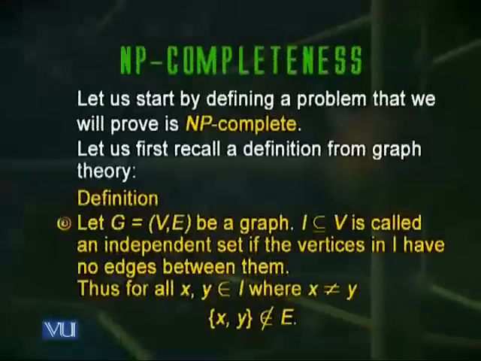And what I will tell you is when to call this subset an independent set. We will call a subset I of V an independent set if the vertices of I have no edges between them. So, formally speaking, for all x, y in I, where x is not equal to y, the pair x, y is not an edge in the graph.